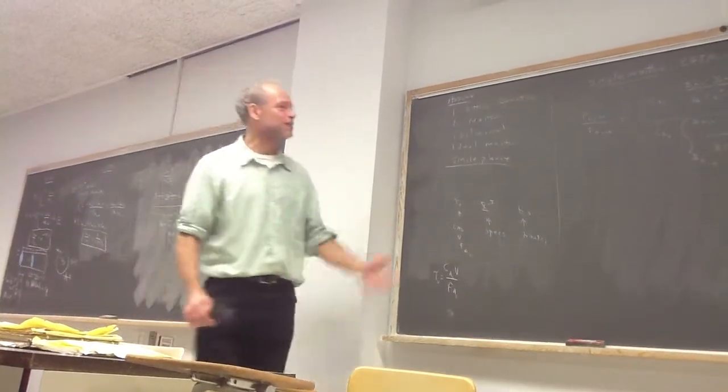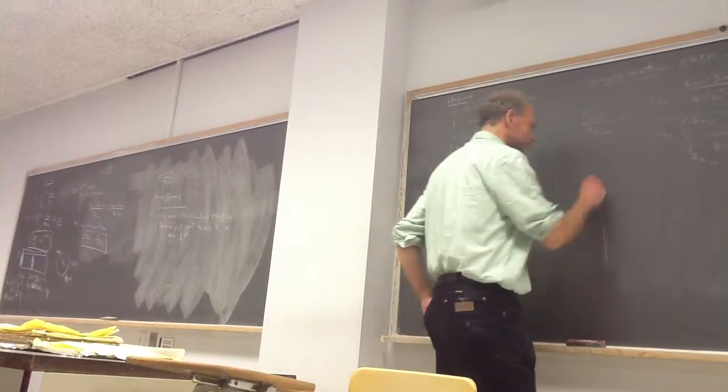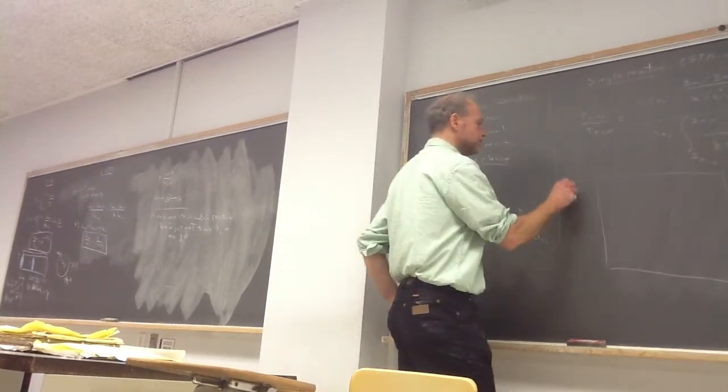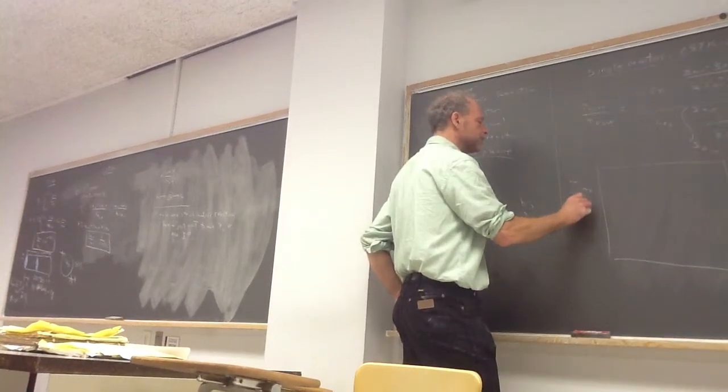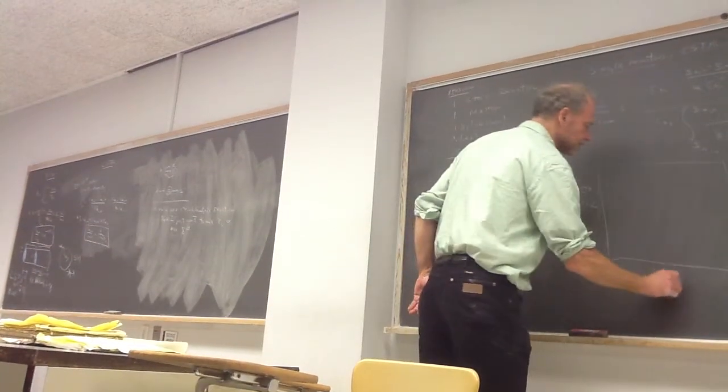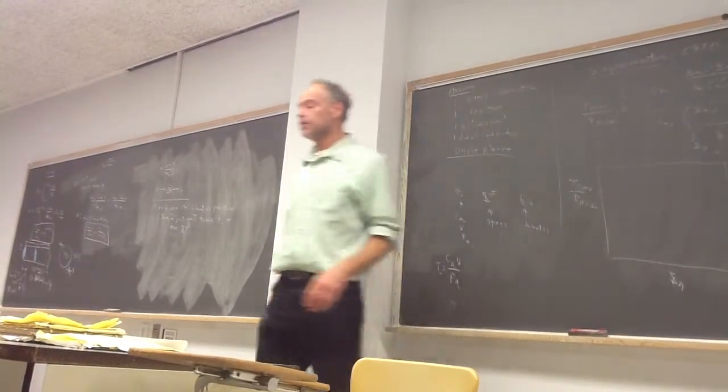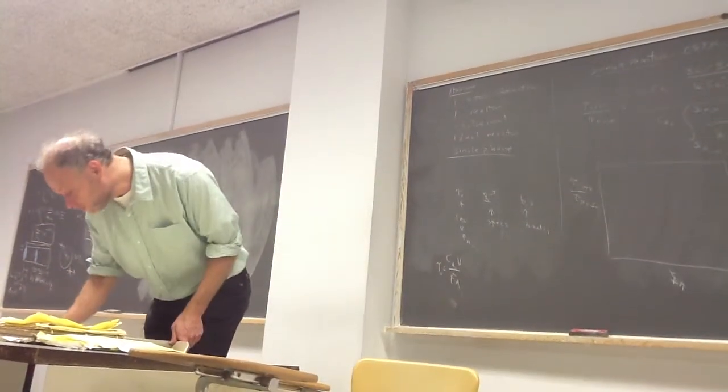Okay, so why don't we plot this thing? Tau CSTR versus tau plug versus XA. And if we plot it, let's plot it for different n's.